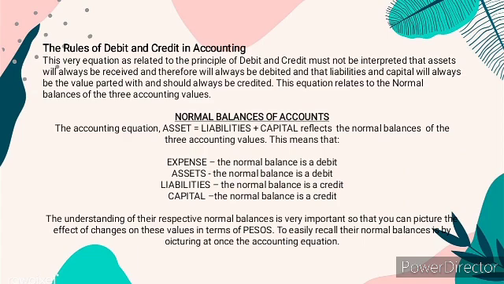So, next slide is the rules of debit and credit in accounting. This very equation, as related to the principle of debit and credit, must not be interpreted that assets will always be received and therefore will always be debited, and that liabilities and capital will always be the value parted with and should be credited.